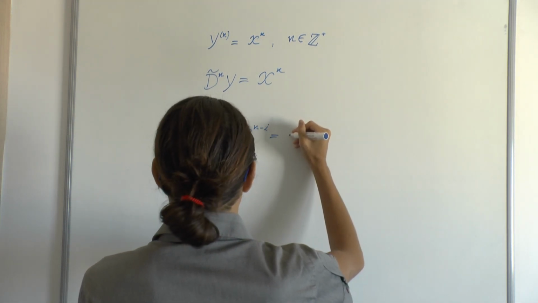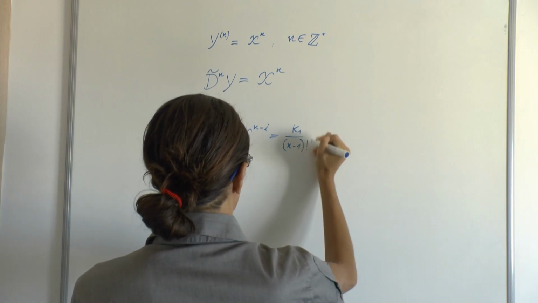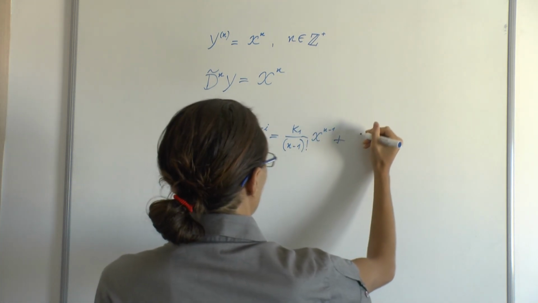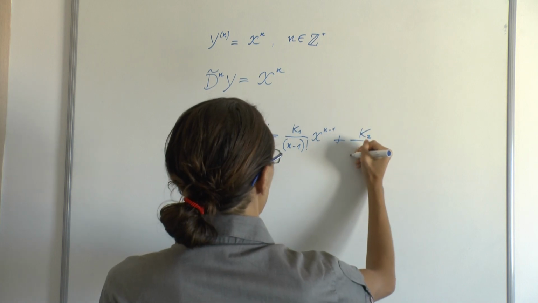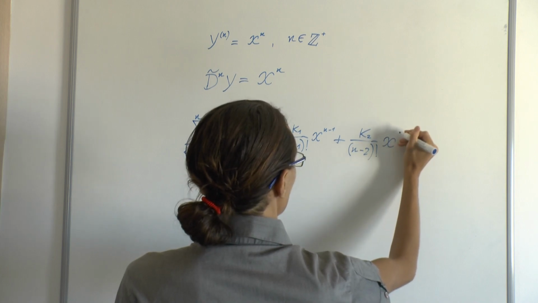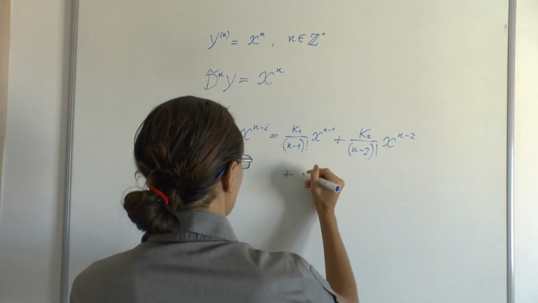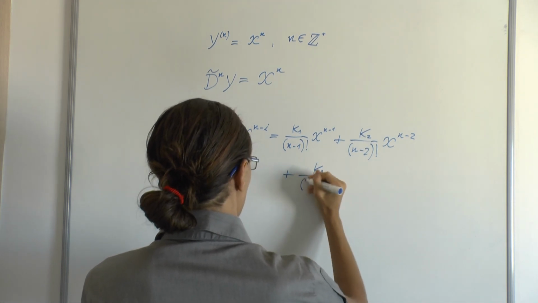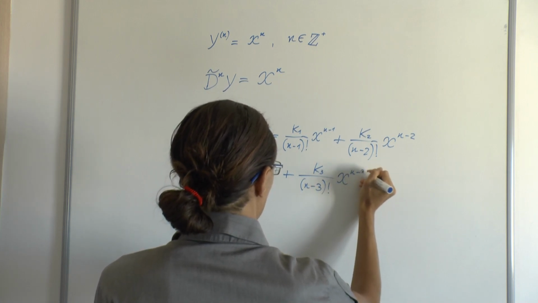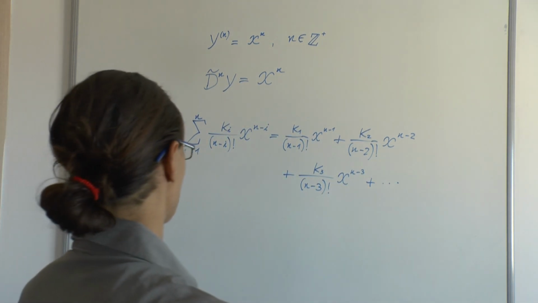So let's see, that'll be k1 over (n minus 1) factorial x to the n minus 1, plus k2 over (n minus 2) factorial x to the n minus 2, plus k3 over (n minus 3) factorial x to the n minus 3, plus dot dot dot until, now what is our last term?